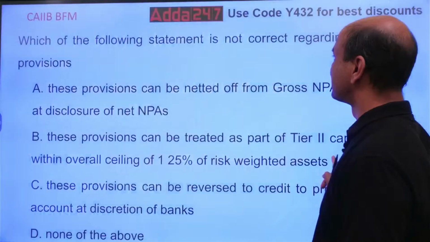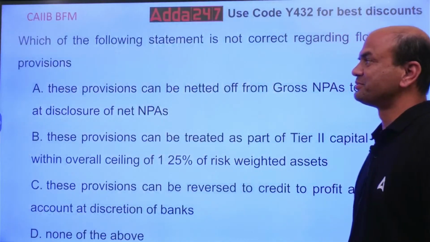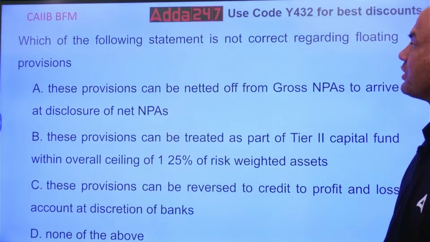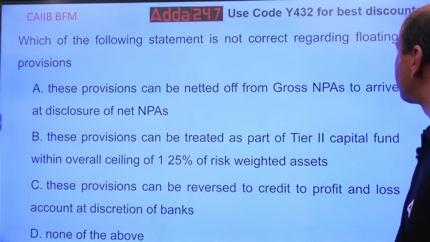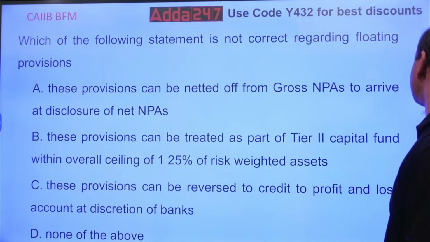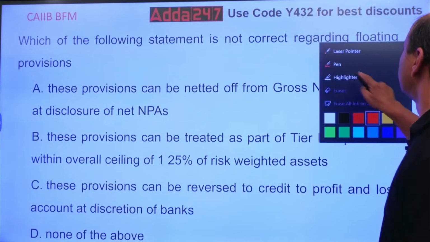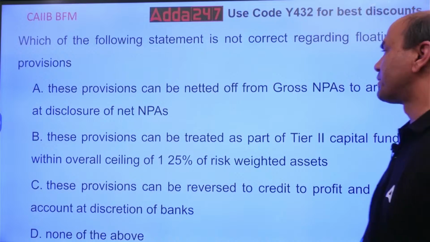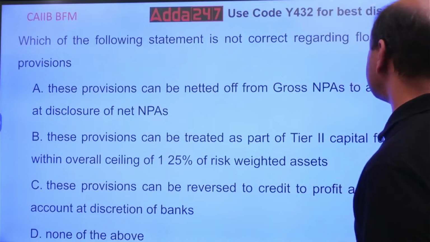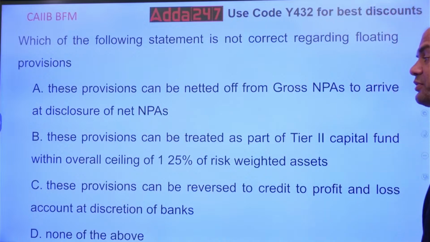First question. Which of the following statements is not correct regarding floating provisions? These provisions can be netted off from gross NPA to arrive at a disclosure of net NPA.